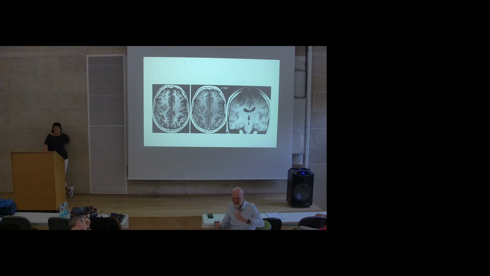On the one hand, we have the high-grade glioma here, at least a suspicion of that, and on the other hand, we have a highly eloquent lesion in a patient who cannot afford to have a deficit in his right hand, and he's also a singer, so he must have an intact voice.